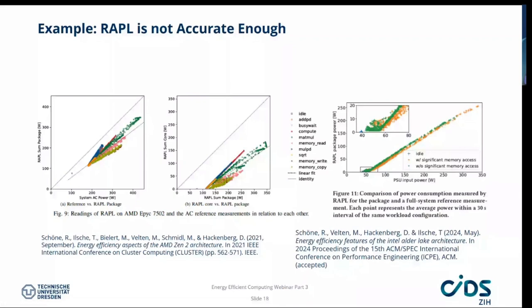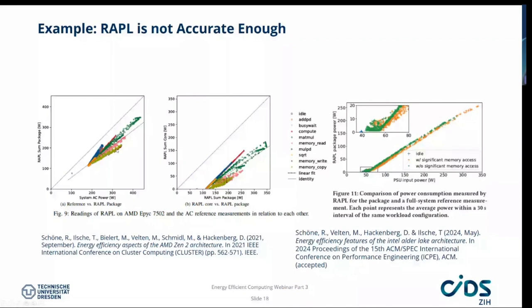That's why we would say, okay, it doesn't have to be a one-to-one relation, but it should be on a linear line. What we see here is that it really differs, and it depends on the workload that is executed. So we see here that the multiplication workload, multi-PD, that is a SIMD parallel multiplication workload, is using more power, while here the memory copy has a lower power consumption if you compare it.